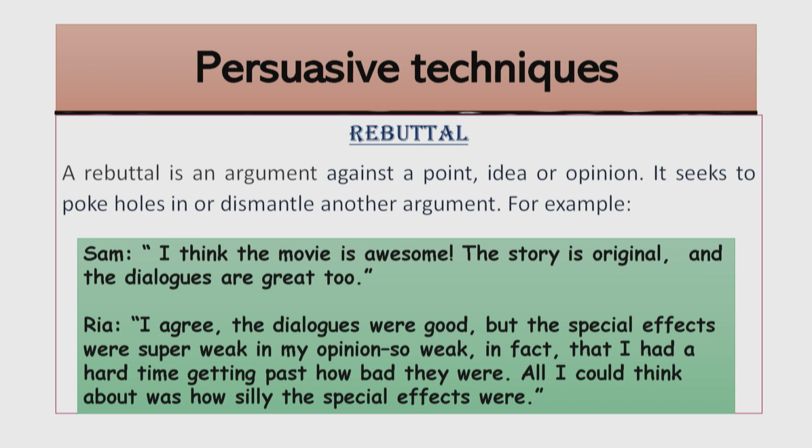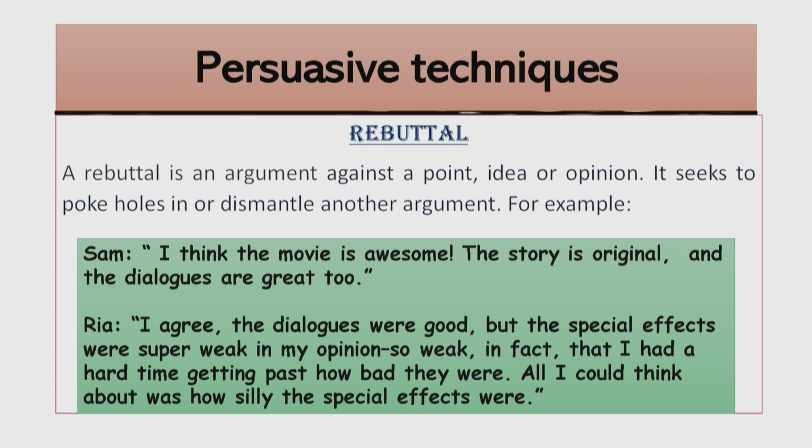Consider the conversation between Sam and Ria. Sam says, "I think the movie is awesome. The story is original and the dialogues are great too." Ria rebuts by saying, "I agree. The dialogues were good, but the special effects were super weak in my opinion.